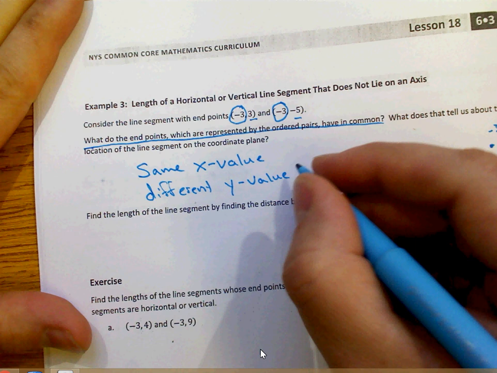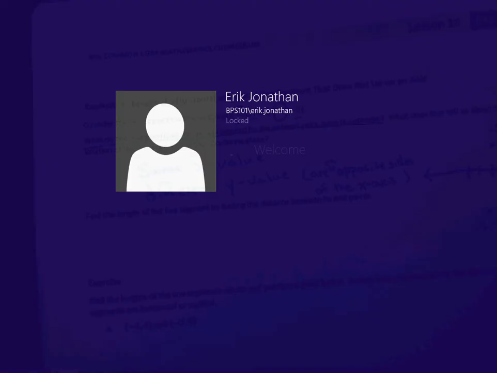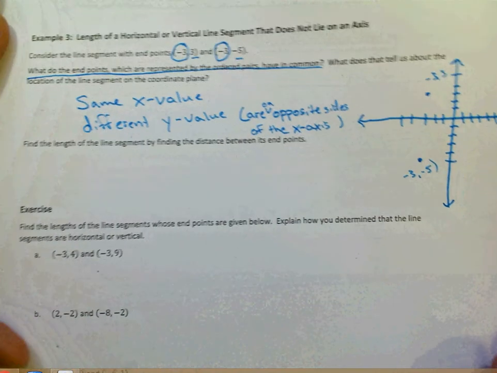They are on opposite sides of the x-axis. So if we know that, we can use absolute value and add them together.